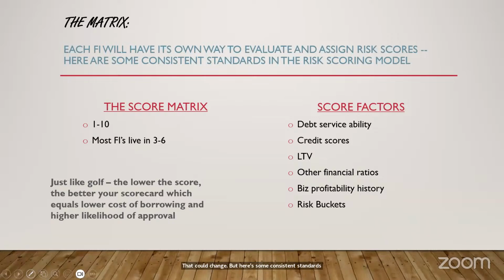The first one, the score matrix: generally the scoring is between 1 and 10. Ours is 1 to 10, and I have seen it be 1 to 8, but it can vary. Most financial institutions want to see a score between 3 and 6. Just like golf, the lower the score, the better your scorecard, which equals a lower cost of borrowing and higher likelihood of approval.